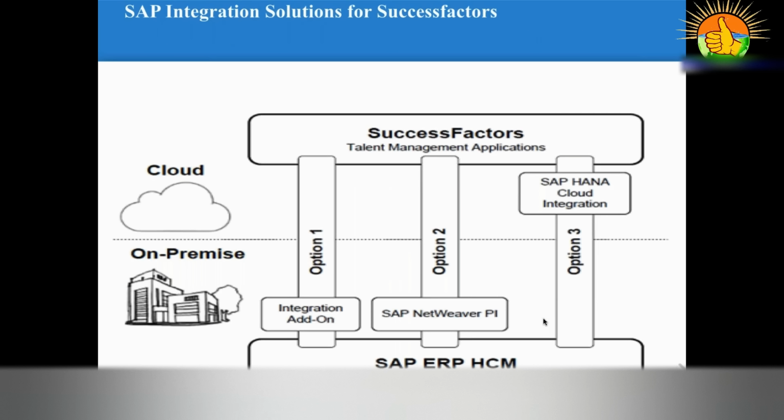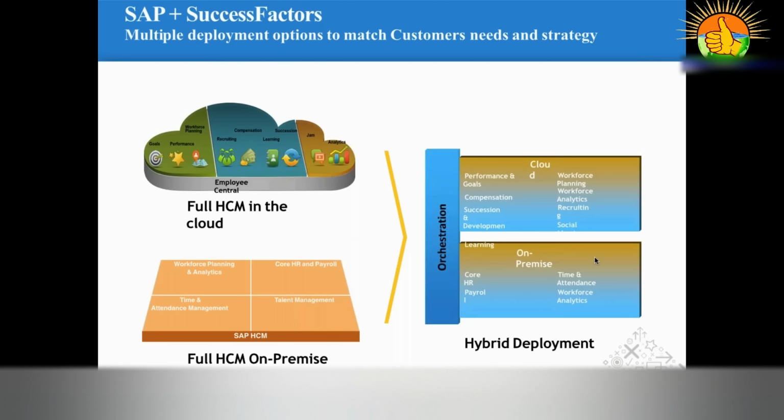Now we saw that there is a hybrid kind of deployment. Deployment means how a hybrid solution is going to be done. Now here you see that there is a cloud, there is an on-premise. Together we need the output.